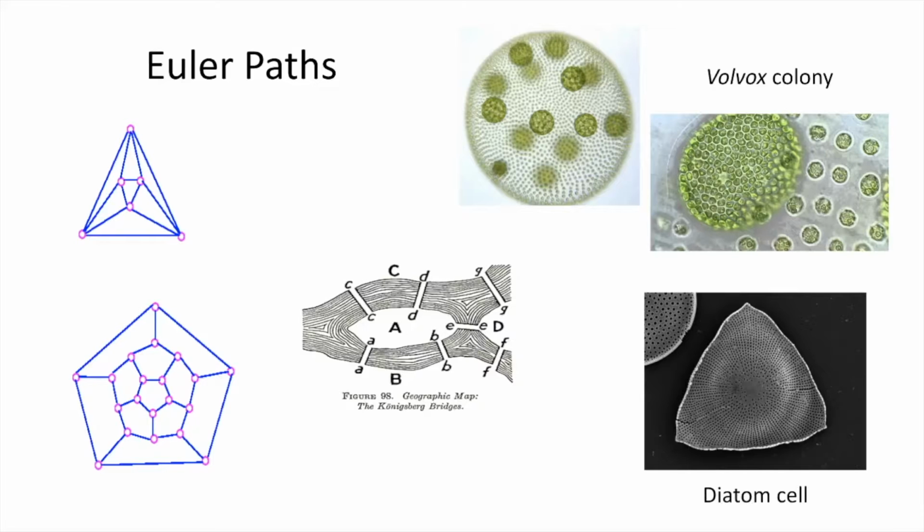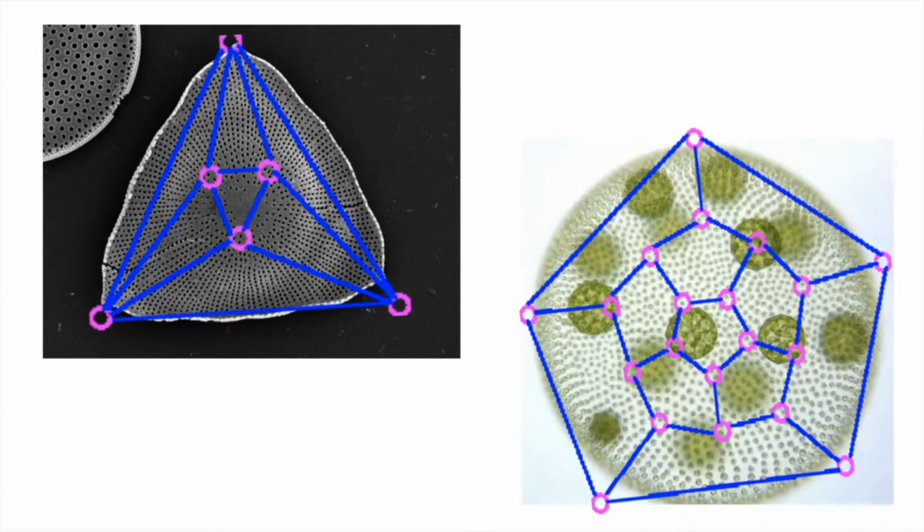So, for example, you have diatom cells, which are single cells but have a lot of internal structure, or Volvox colonies, which are groups of cells that exist in a colony. We can take these, what we call multi-cell networks, and I want to differentiate between the multi-cell idea and the application to biological cells.